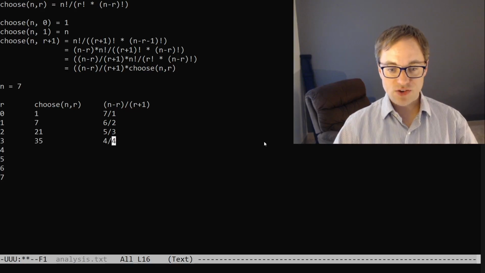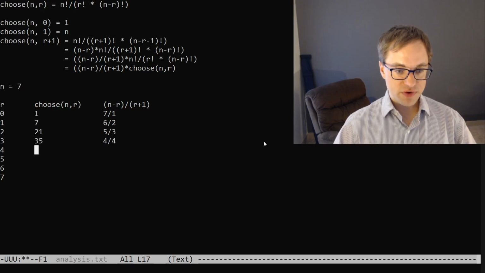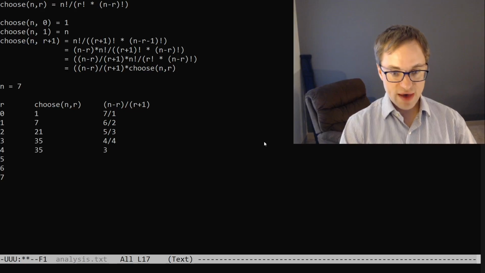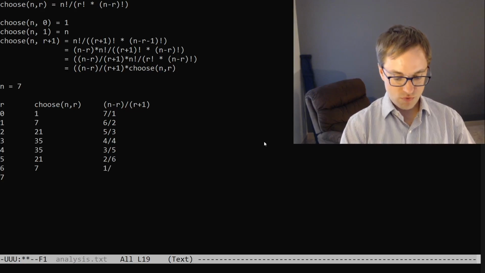That's, again, just by decrementing the numerator and incrementing the denominator. So we have 35 again. Continuing, we have 3 over 5 gives us 21. 2 over 6 is going to give us 7. And finally, 1 over 7 is going to give us 1.